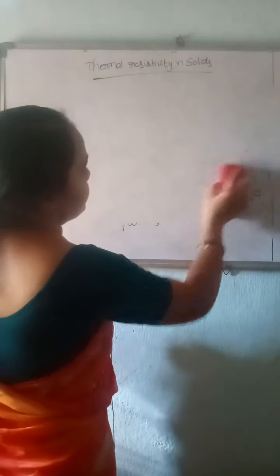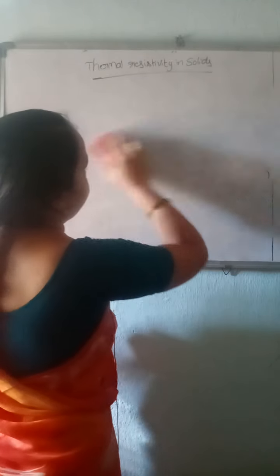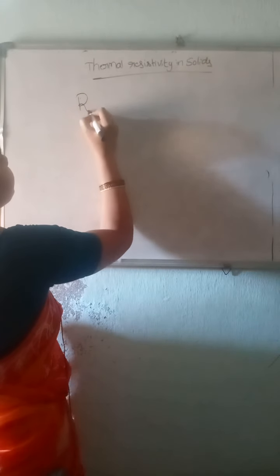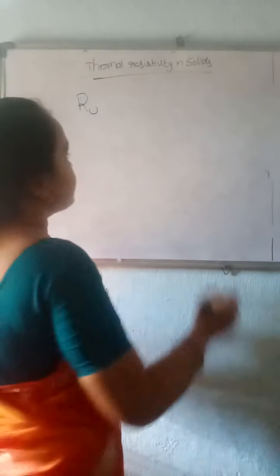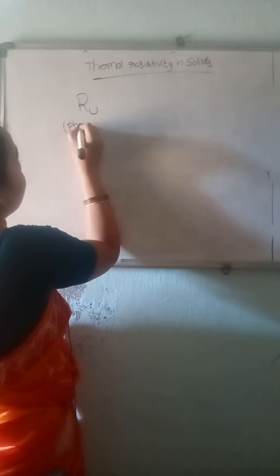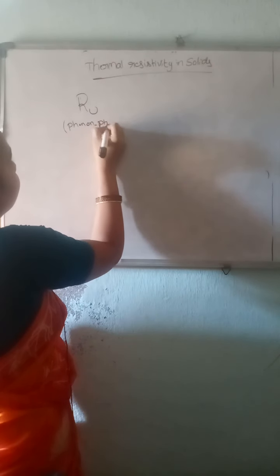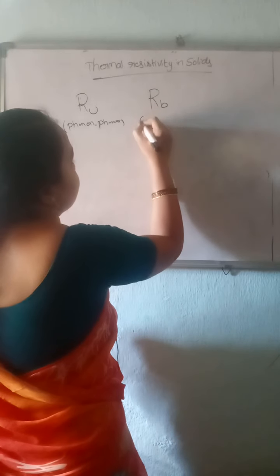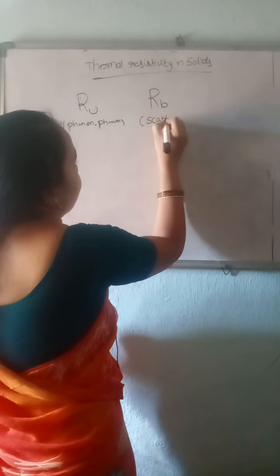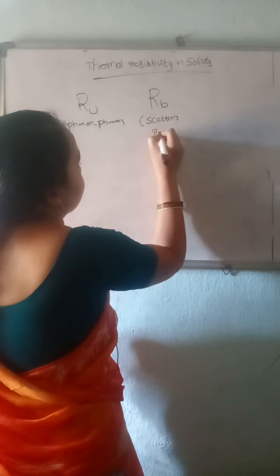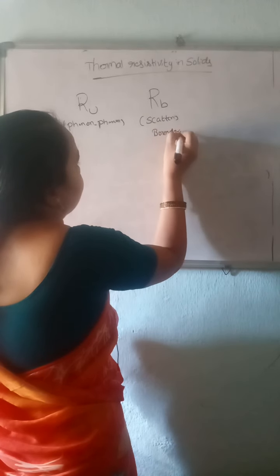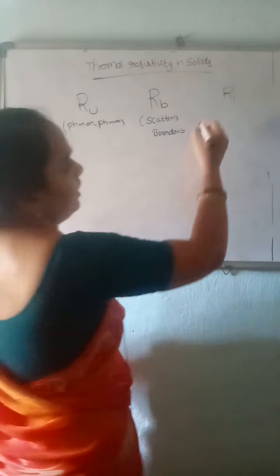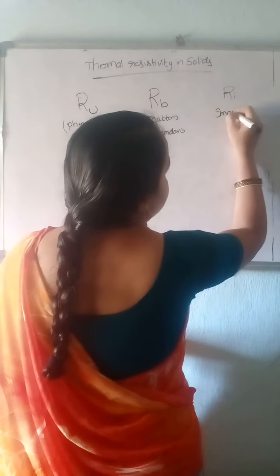Let these three resistivities be designated as Ru, the resistance due to the Umklapp process, that is phonon-phonon interaction. Next Rb, which arises due to scattering of phonons at boundaries. Next Ri, the resistance due to impurities present in the crystal.